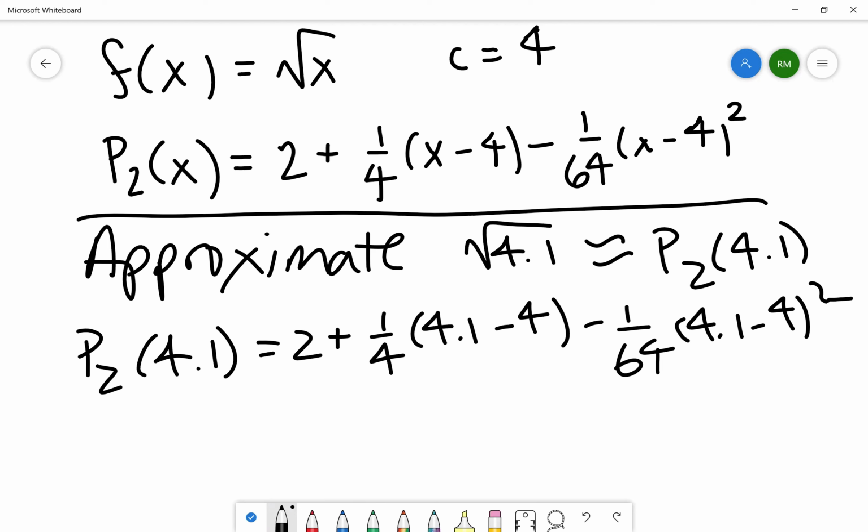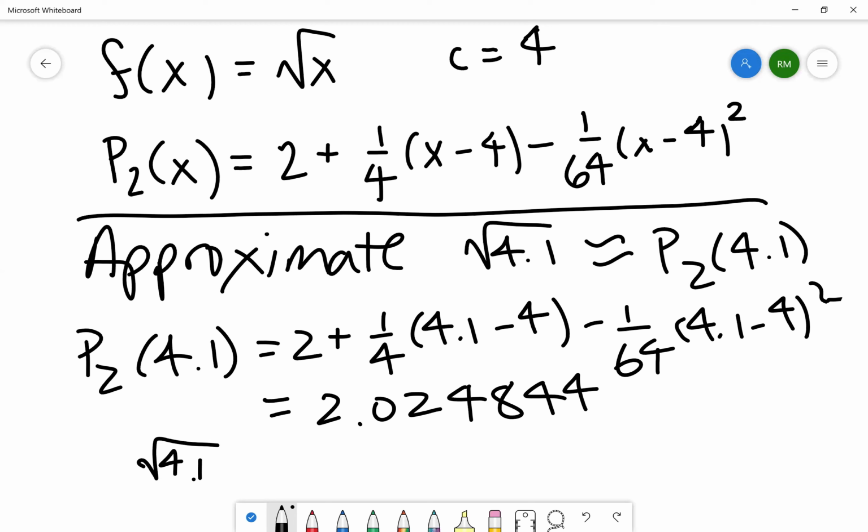You will get the number roughly 2.024844. And the actual value of the square root is equal to 2.024846. That's really close. We got the first 5 decimal points right by using a degree 2 approximation.